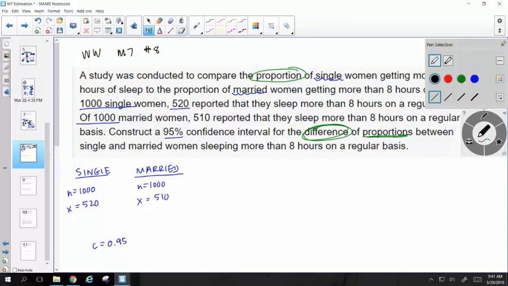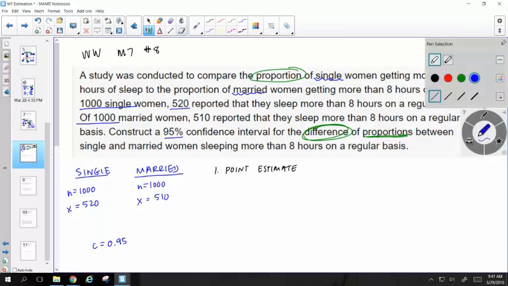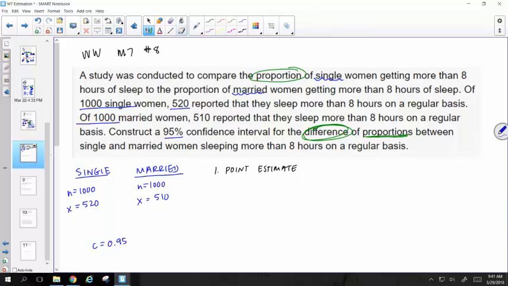So most of the feedback I've seen so far is that nobody has any trouble getting the point estimate here. That's the best guess for the difference, but it's really the margin of error that's causing some trouble. Point estimate.